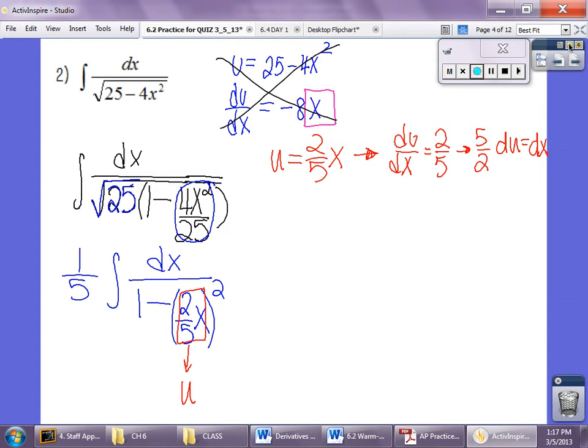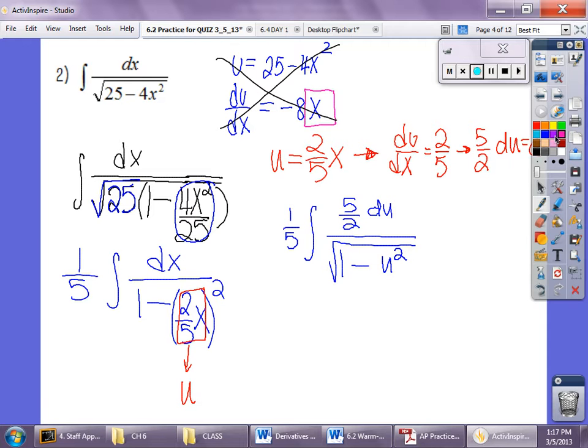I'm going to do my substitution, and I'm going to leave my 1/5 outside. Integral dx is now the same as 5/2 du divided by the square root of 1 minus u squared. Now, if you're a little confused, this 5/2 is just multiplied by du, so I can just multiply that outside instead, since I'm multiplying by that fraction.